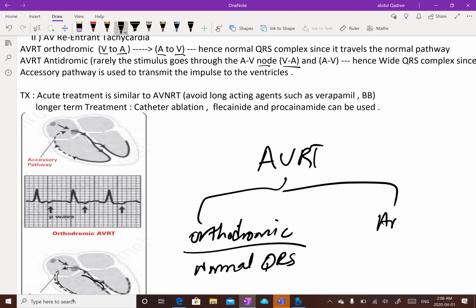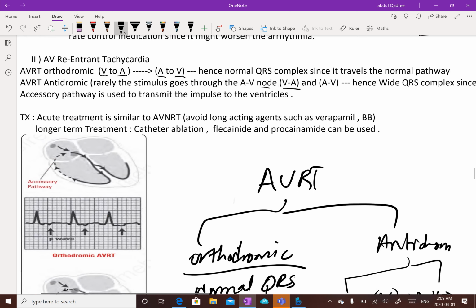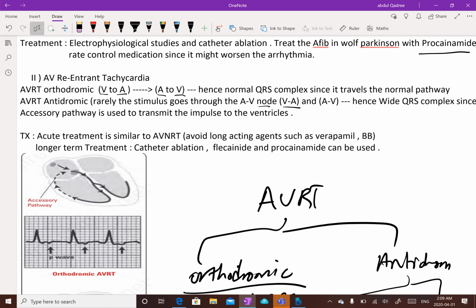And antidromic is when the ventricles send signals to the atria through the AV node, and then the atria send back to the ventricles through the abnormal pathway, and hence it leads to a wide QRS complex. Again, it's an abnormal circuit.